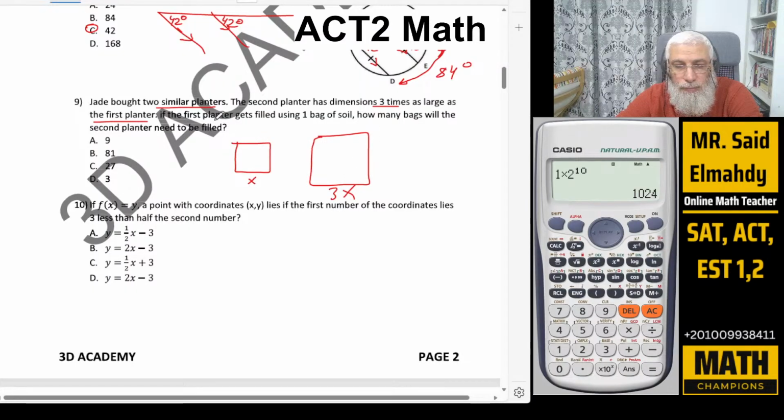This is x. If the first planter gets filled using 1 bag of soil, how many bags will the second planter need to be filled? So this is volume. Filled means it is volume.